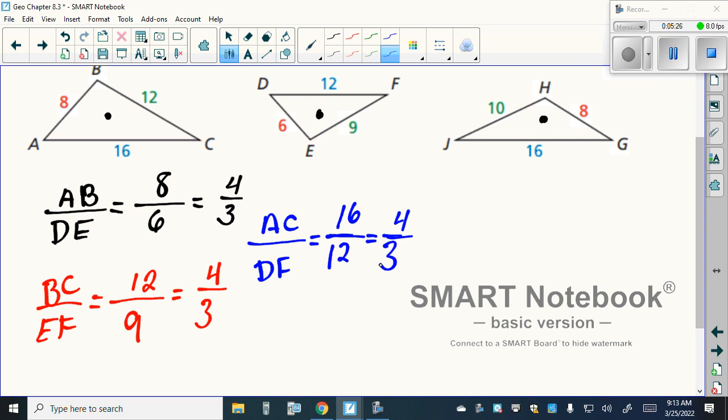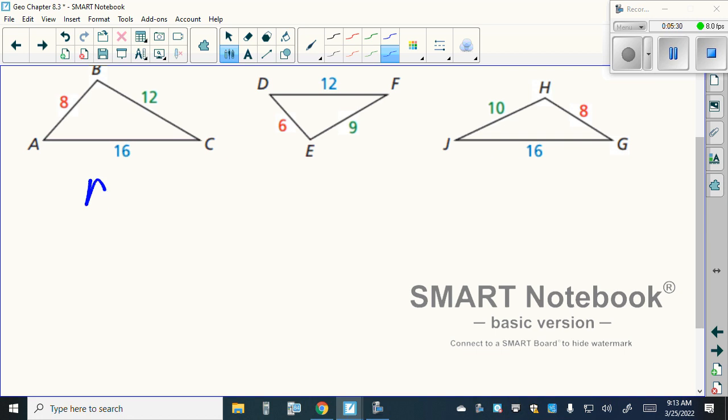Yes. So that means that these two triangles are, so triangle ABC is similar to triangle DEF. ABC, DEF. And we follow the same path. Questions on this here?